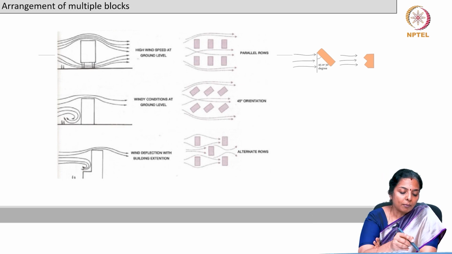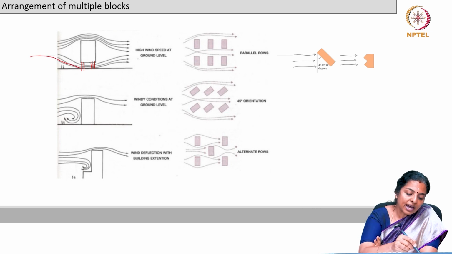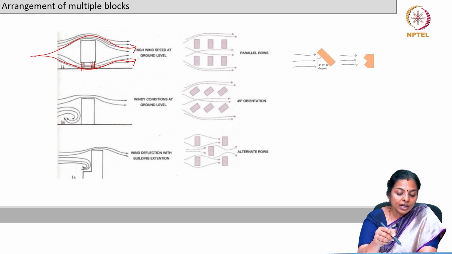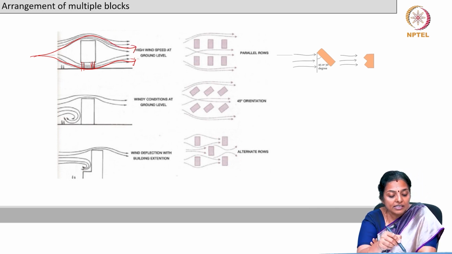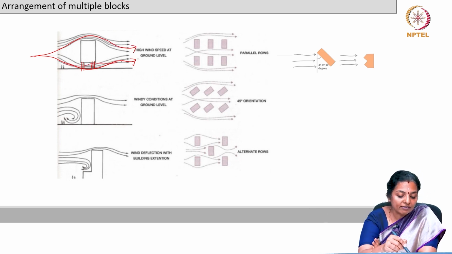So, by virtue of having a perforated base, air is channelized to move below and air also slides above. So, you have high wind speed at ground level, whereas in this condition, you will have a windy condition at this level, ground level, and there will be a wind shadow region here.